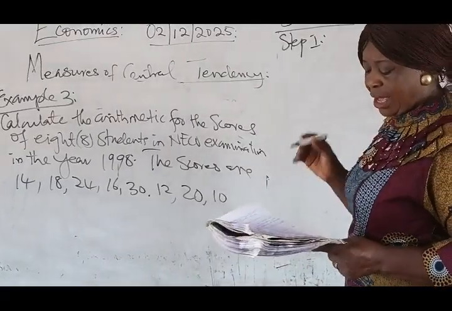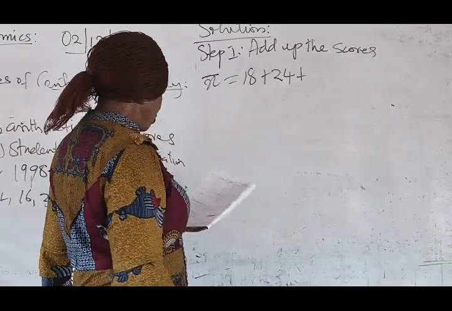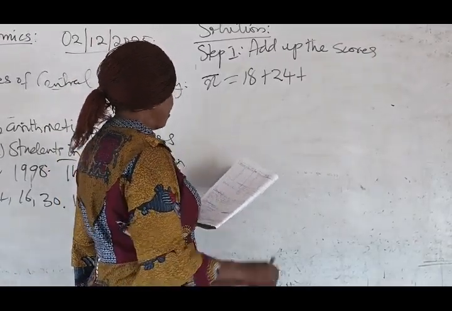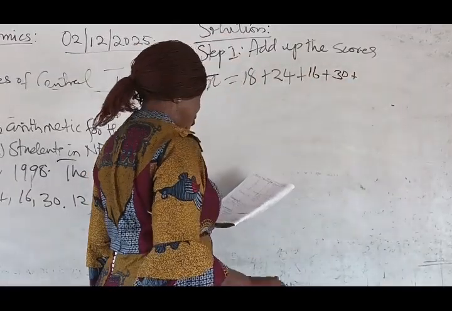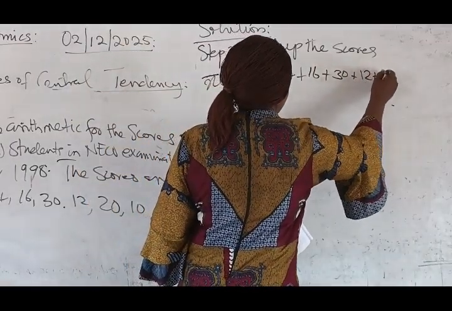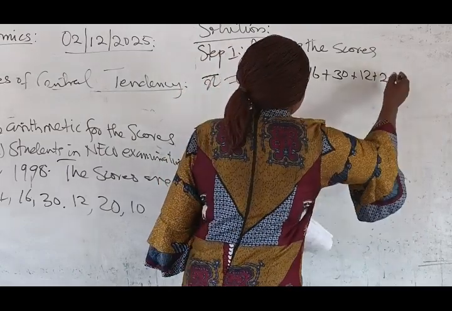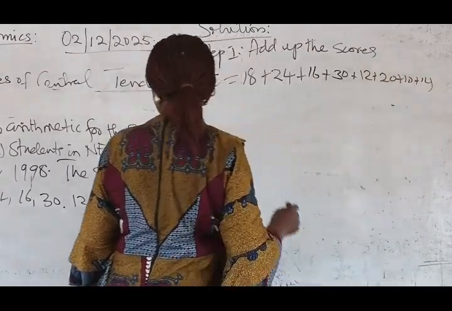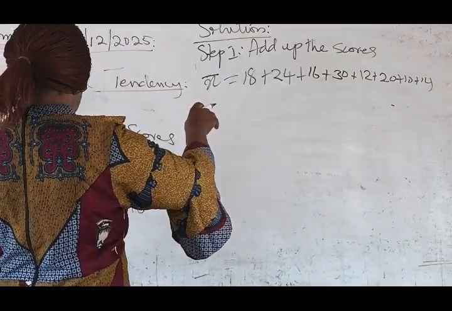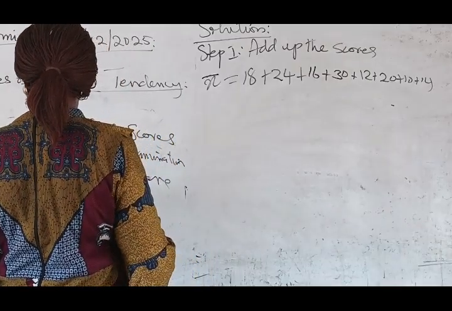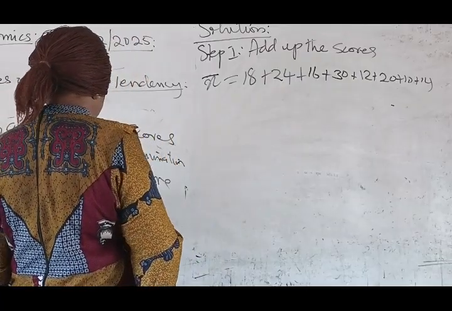Step 1 is to add up the scores: 14 plus 18 plus 24 plus 16 plus 30 plus 12 plus 20 plus 10.